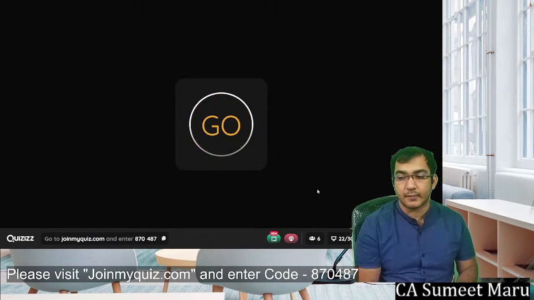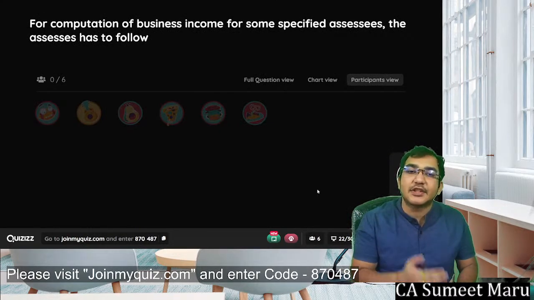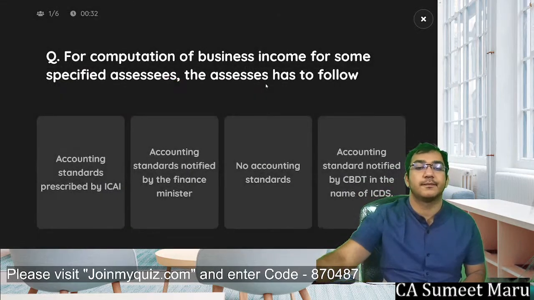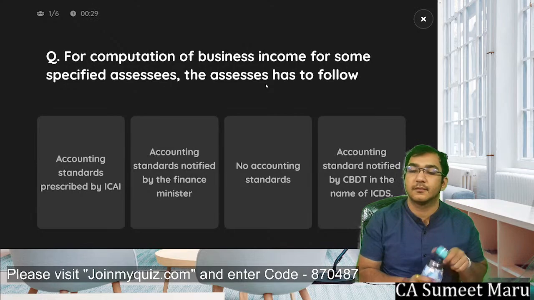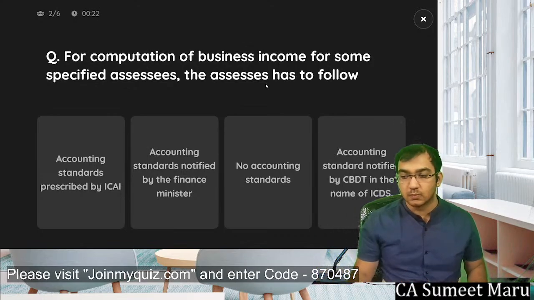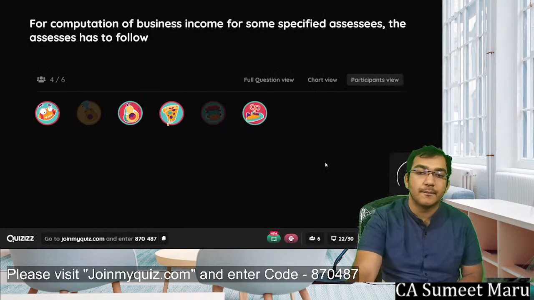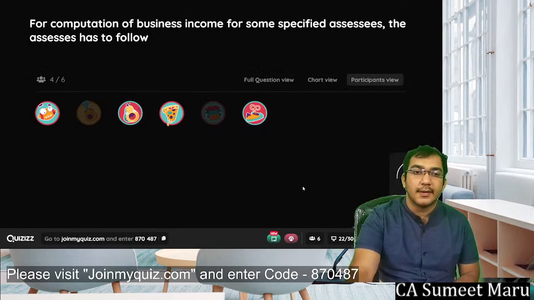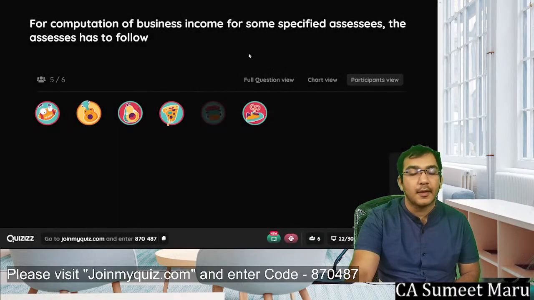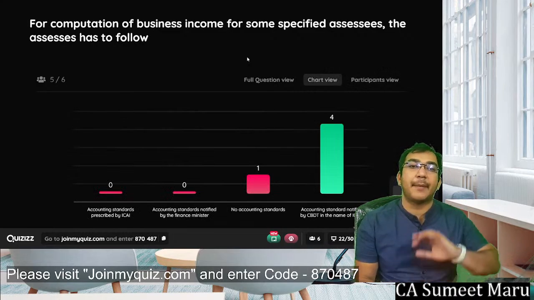For computation of business income, one has to follow the accounting standards prescribed by ICDS.